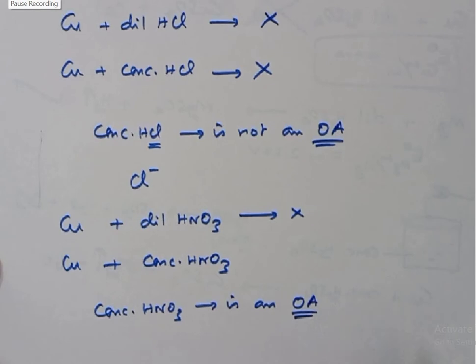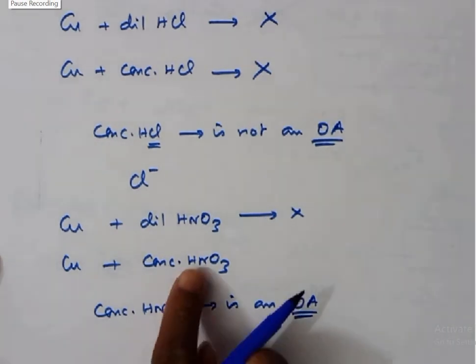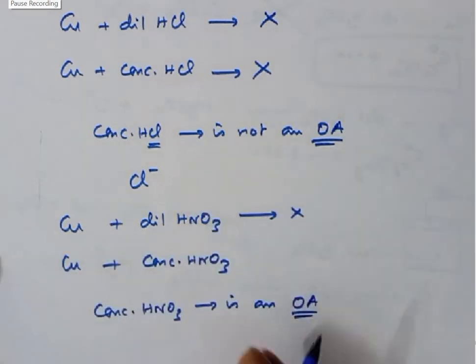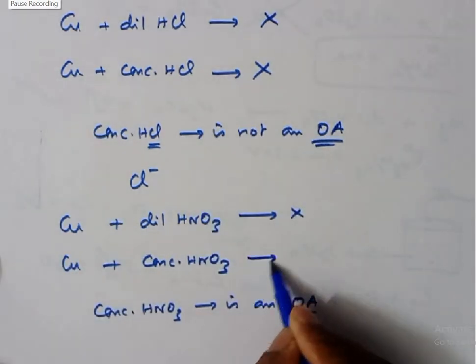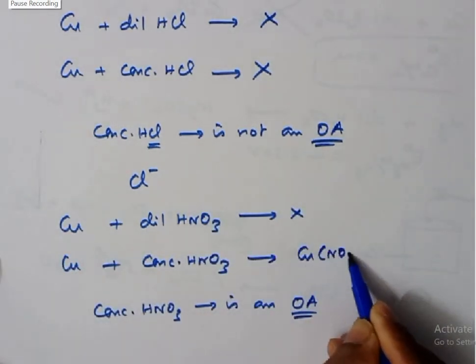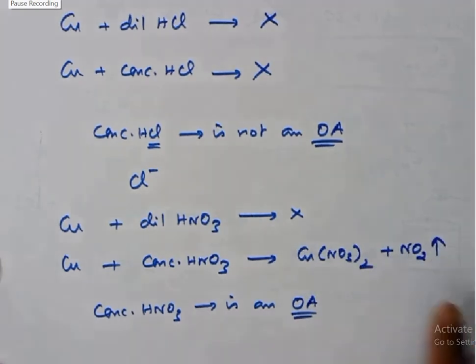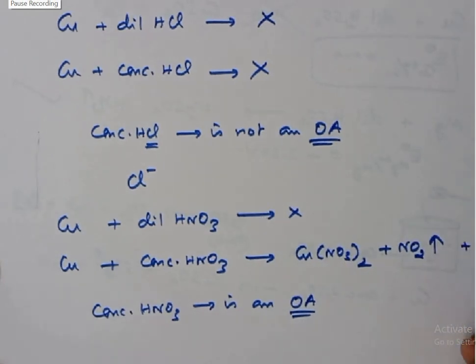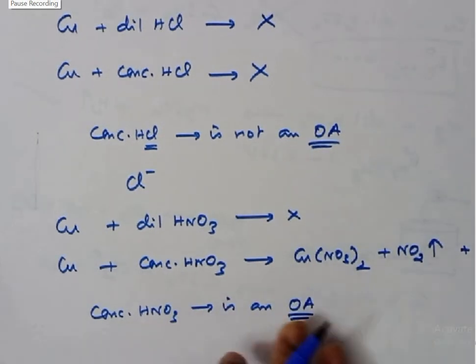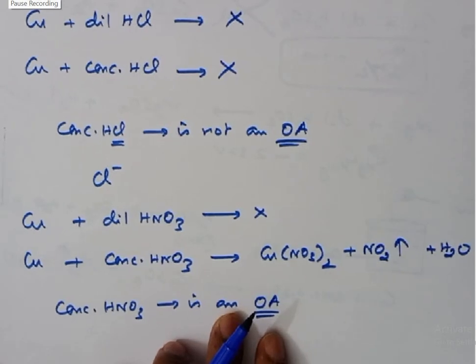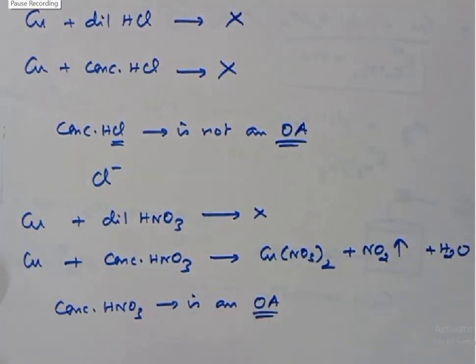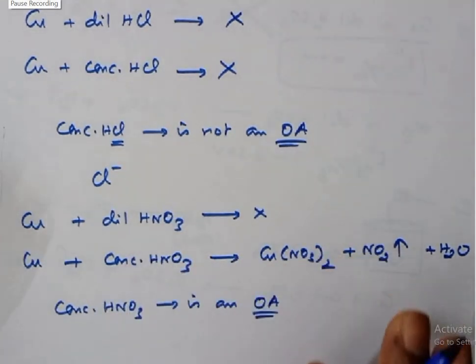It's an OA, OA means oxidizing agent. Since it is an oxidizing agent, it will oxidize copper into copper 2+. So you will get cupric nitrate, Cu(NO3)2, and NO2 gas is liberated, plus water. I didn't balance the reaction. Balancing is simple. We'll do it later under d-block elements. Right now you just keep all these things in mind.